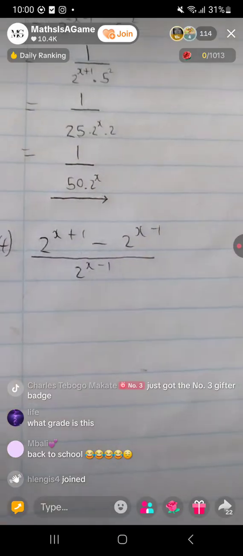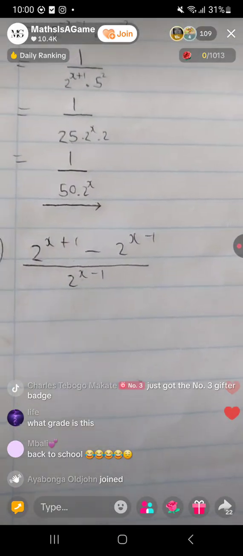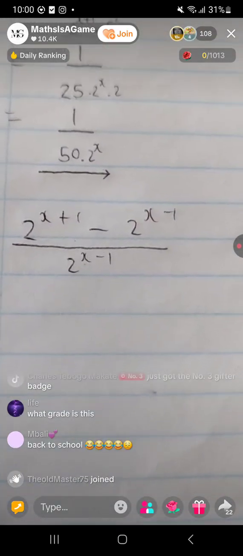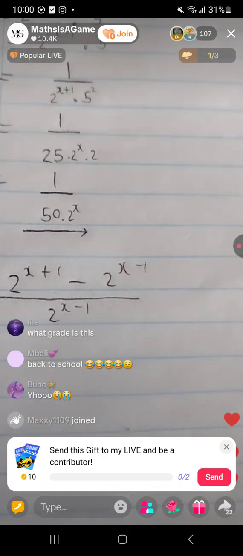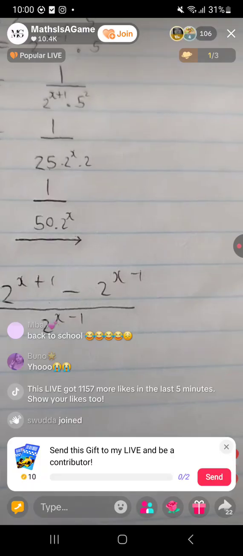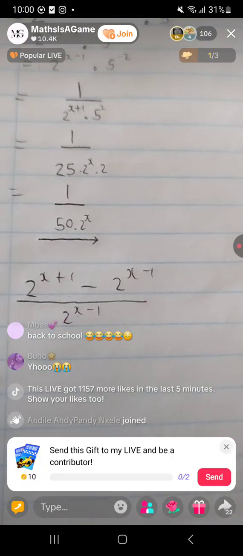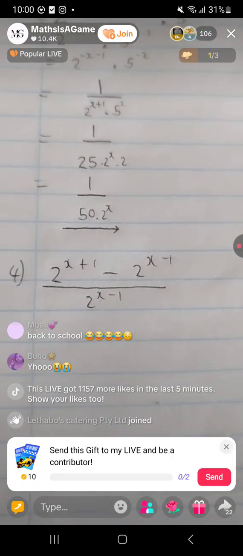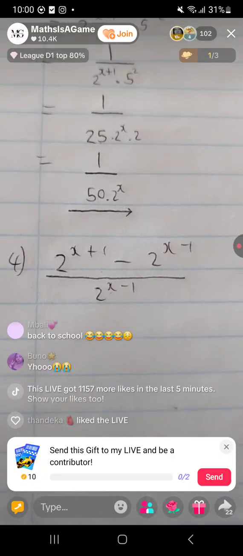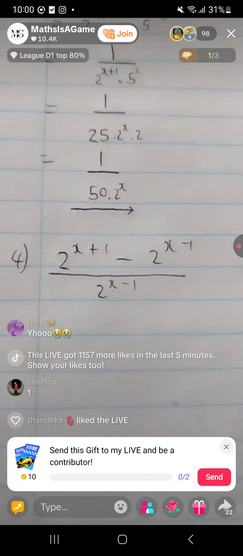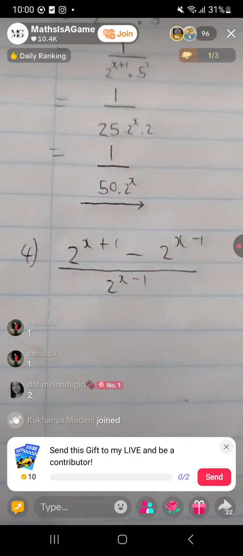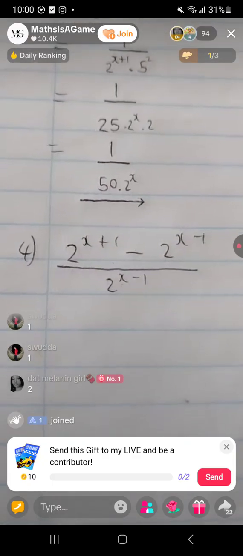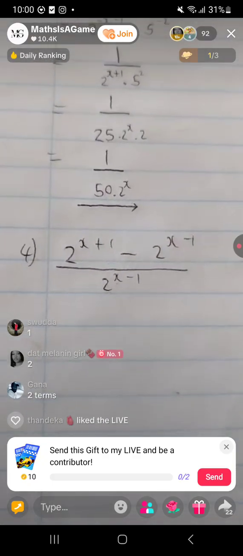In the numerator, guys, how many terms do you see? How many terms are in the numerator? Thank you so much. Okay, there are 2 terms in the numerator.